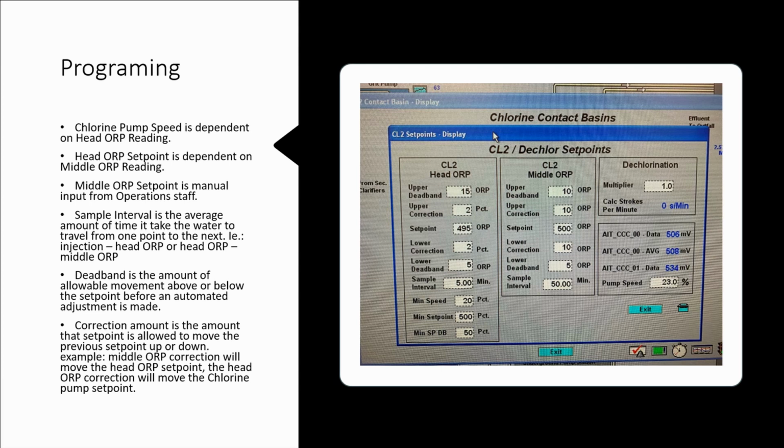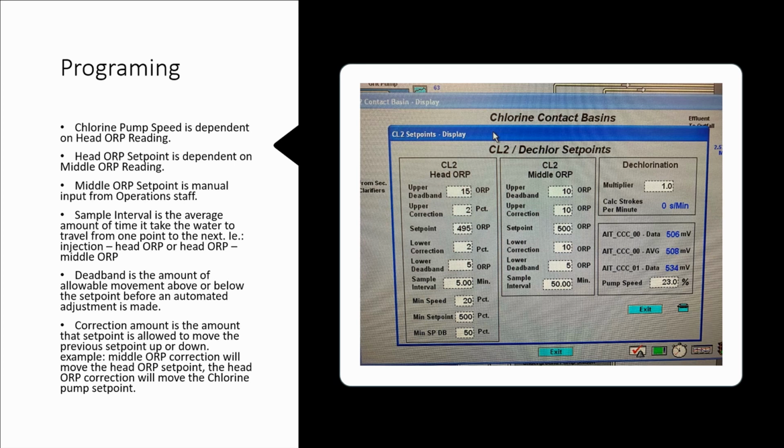And then the correction amount is basically how much it adjusts. So let's say, actually this picture, it's right at 534 on the middle ORP, and it's looking for 500, and it's allowed 10 above.